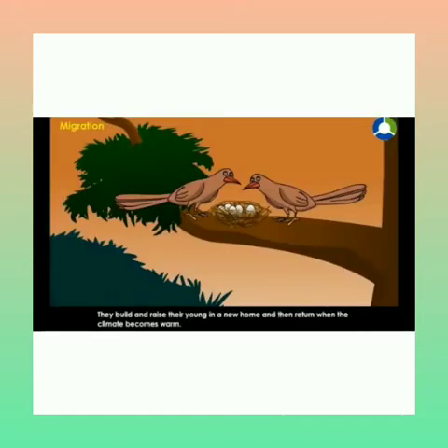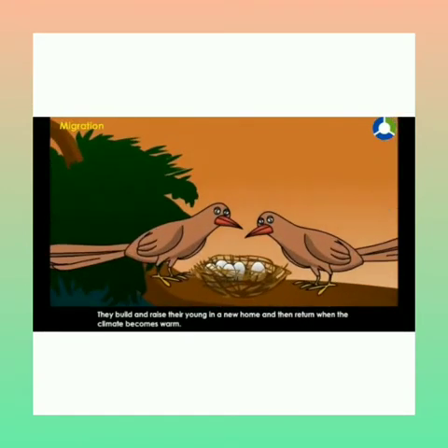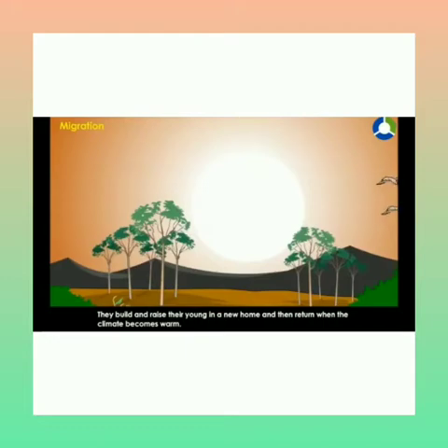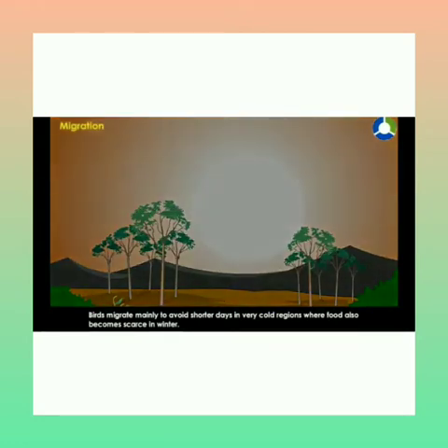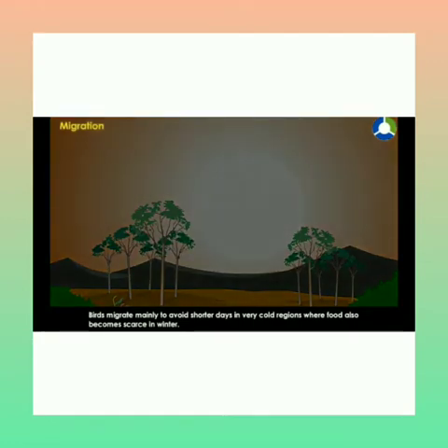They build and raise their young in a new home and then return when the climate becomes warm. Birds migrate mainly to avoid shorter days in very cold regions where food also becomes scarce in winter.